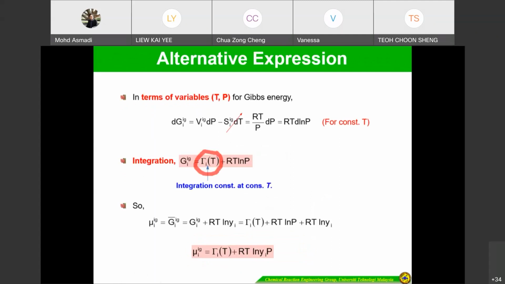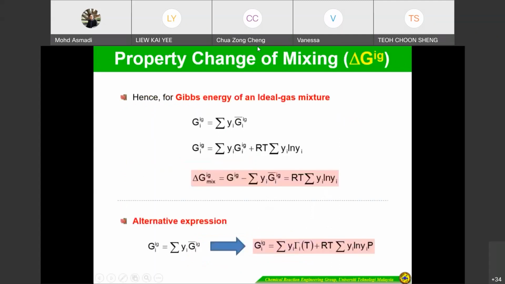Generally we use this equation. Finally, we can get the Gibbs energy of the ideal gas mixture, the property change of mixing for the Gibbs energy.